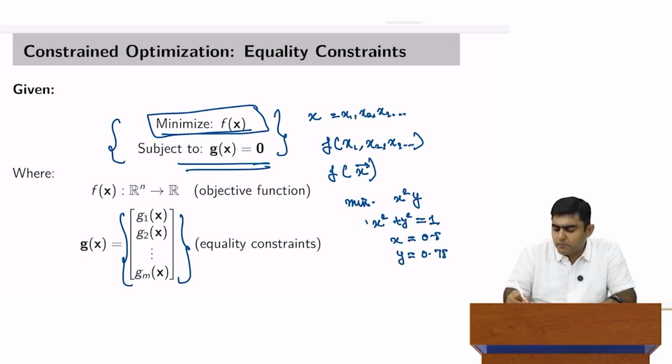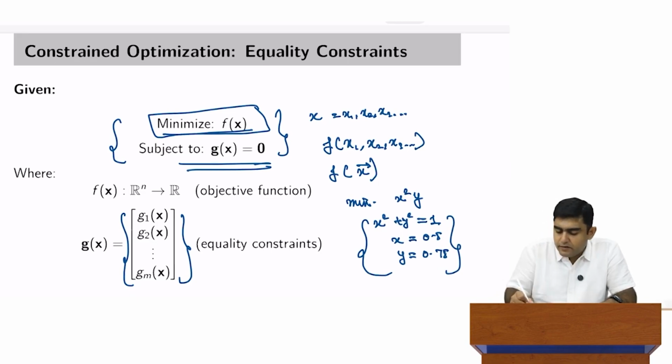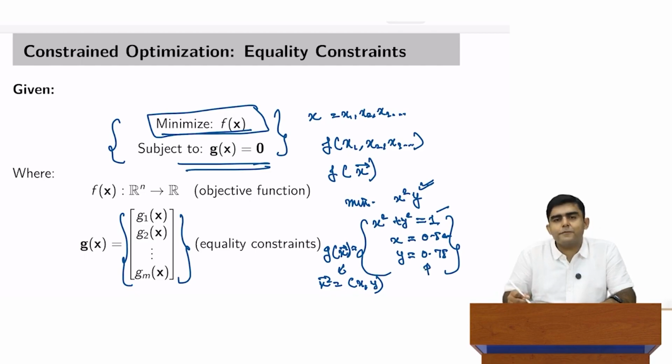Right now, I am not worried about whether these constraints are simultaneously feasible or not, but this is essentially what would constitute this g of x vector, where your x vector has two elements, that is x and y. That is why our objective function is a function of x and y. Constraint number 1 is a function of x and y, the second constraint is a function of x, and the third constraint is a function of y. Again, we are not commenting on feasibility, we are just stating it mathematically.